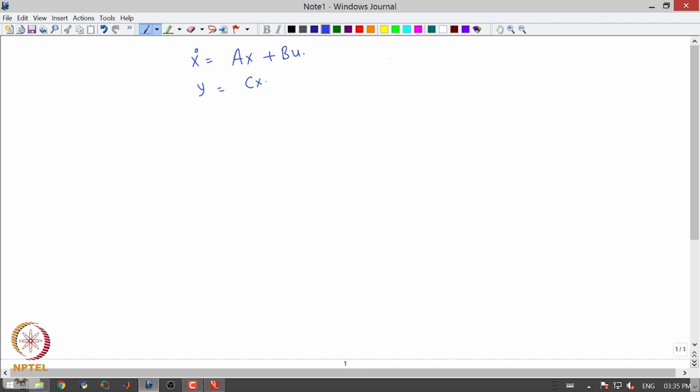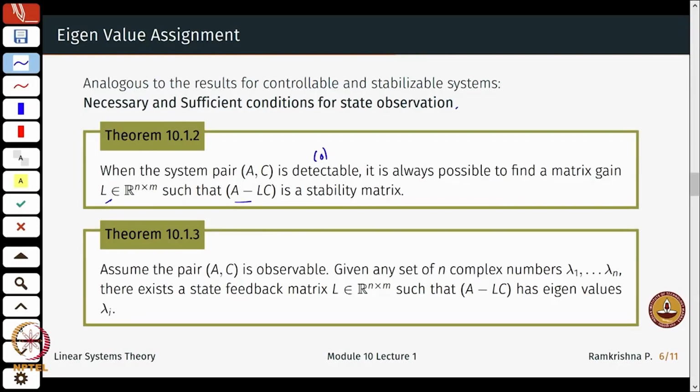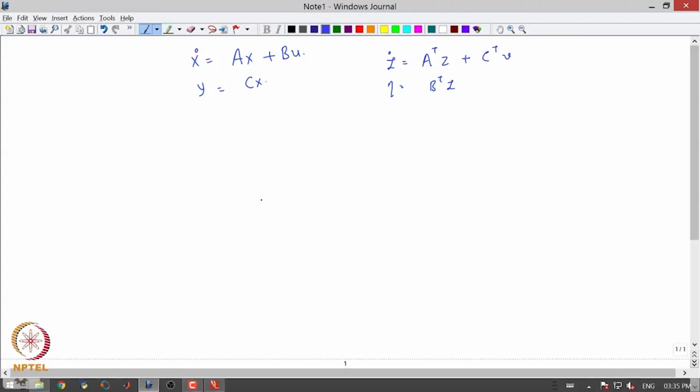And say I have now a dual system: z dot is A transpose z plus C transpose v, let us call this some input, and say some eta is B transpose z.